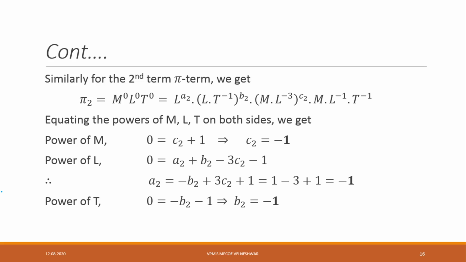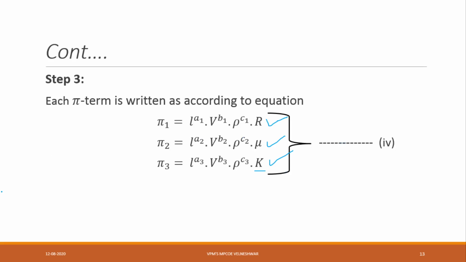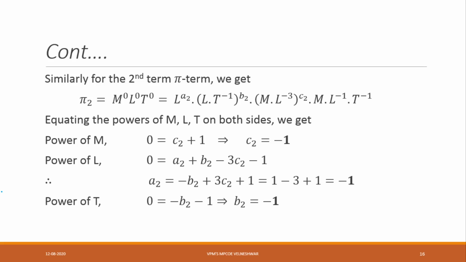Now similarly do for phi 2. Similarly for the phi 2 terms, we will get phi 2 is equal to M into M0, L0, T0 is equal to, again write the equation, but here the value will be changed because here we are not having R, here we are having the viscosity, that value will be changed here. So M into L minus 1 into T minus 1, again power of M, power of L, power of T. Find out the values of C2, A2 and B2.